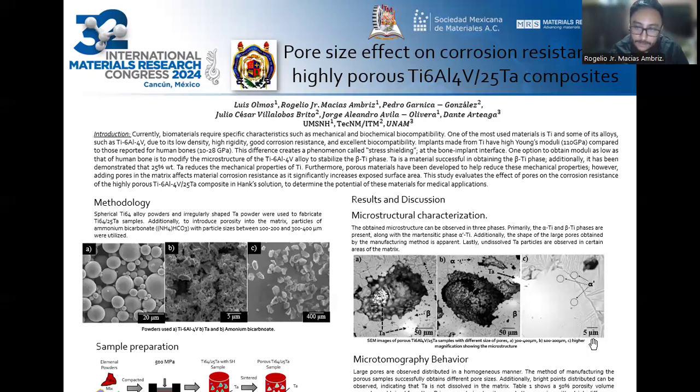In addition, it can be observed that the tantalum particles did not dissolve completely. Also, the large pores obtained by the use of bicarbonate salts can be observed. Finally, it is observed that the martensitic phase is formed in the form of irregular needles.